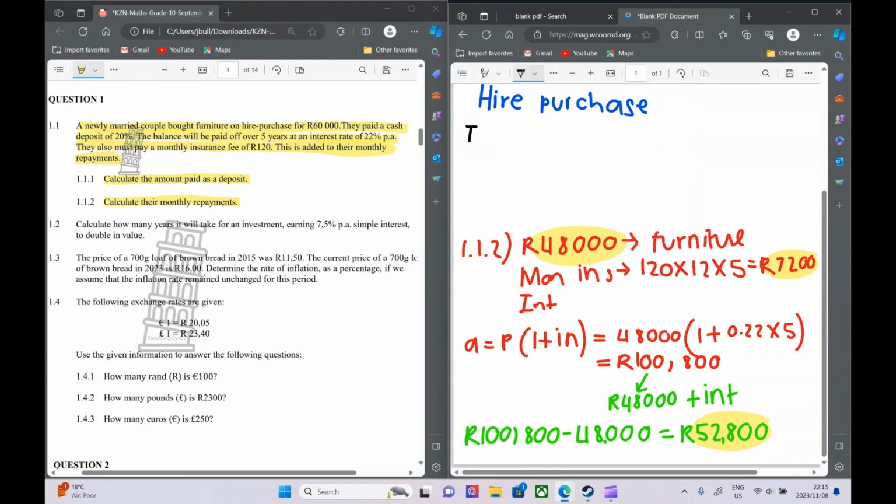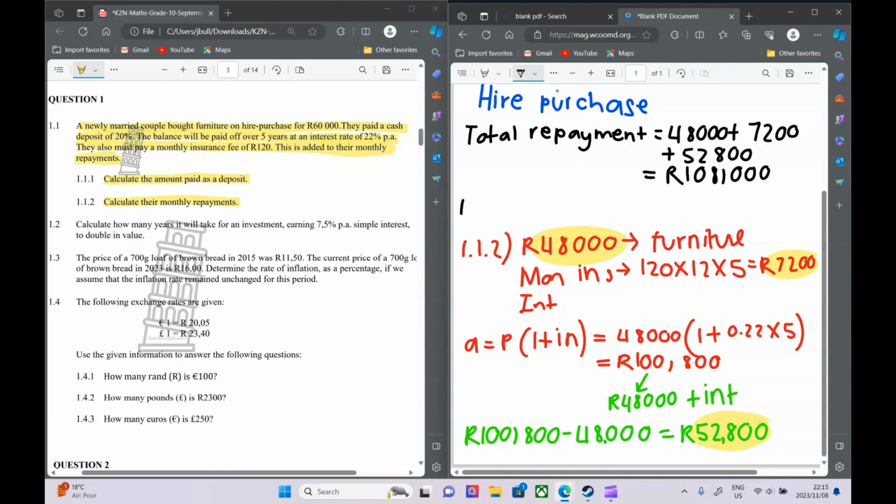So the total repayment, if you write it out like this so you can see, label everything like this, it's easier for your teacher to mark so they can give you more marks hopefully. So total repayment is going to be, like we said, the 48,000 plus the 7,200 plus the 52,800. In total that is 108,000.